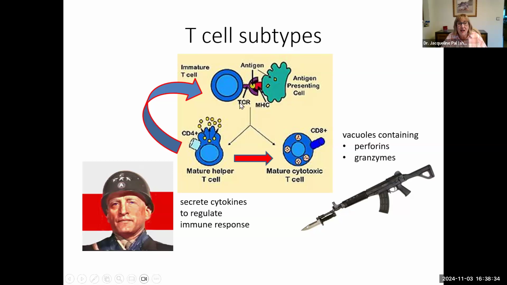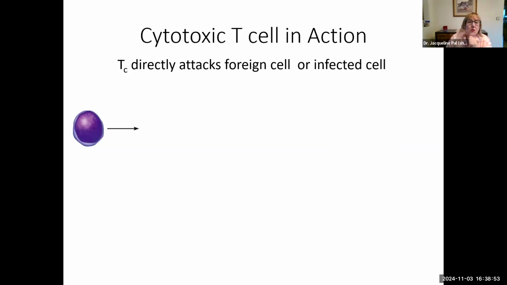And then still other ones are going to go back to our B cells and tell them to get to work. So do you see how the helper T cell is helping all aspects of specific immunity? Yeah, it's important.